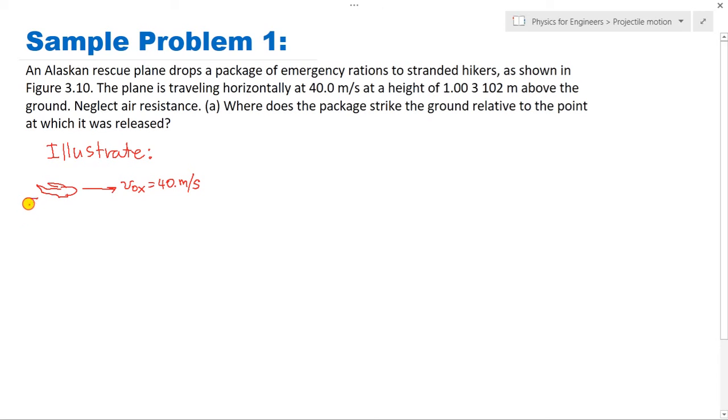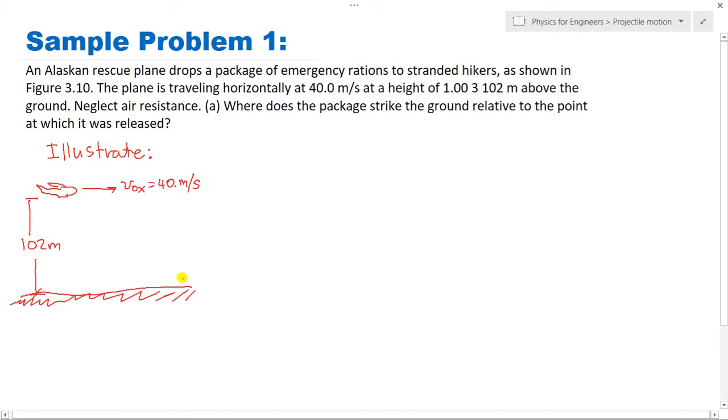Therefore, we have 102 meters here na height, relative to the ground, where the hikers pala. So, mga stranded na hikers. So, ito yung tent nila ng mga hikers. Then, tapos may trees. Ganon. So, sabi dito, neglect air resistance. So, where does the package strike the ground relative to the point at which it was released?